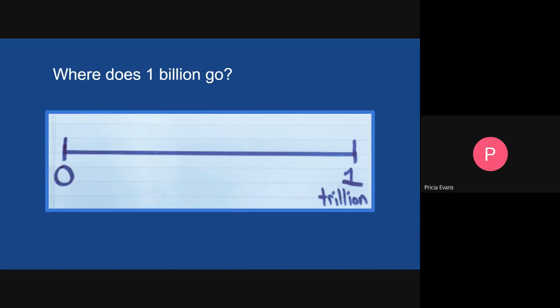Jackie, is anyone putting in there where they think 1 billion might go? I am not seeing anything in the chat. Oh, I'm starting to see. I see one that says 2/3 of the way. So thanks for being brave and putting your answer out there. I'm going to use the pointer here. So about there, 2/3 of the way. Anyone else have a guess? I see another one, middle or 3/4 of the way.